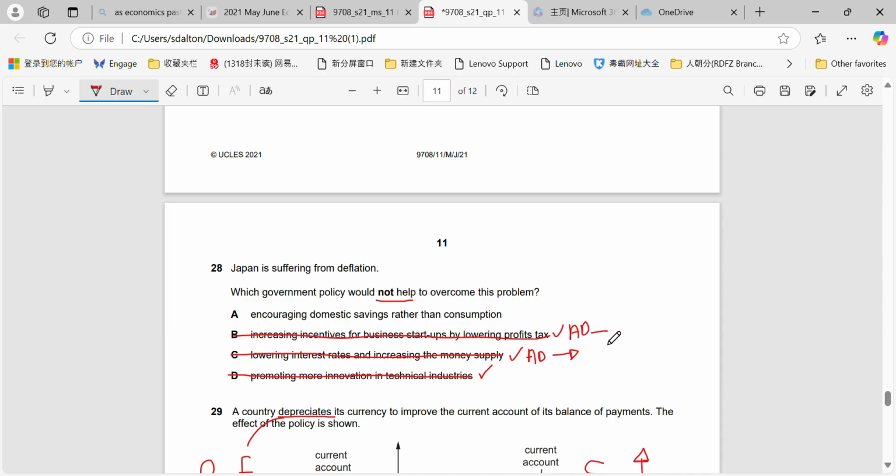AD would move right, and it would help us to reduce deflation. But if we encourage savings instead of consumption, that would not help us to increase our AD to the right, and therefore to fix the deflation. Remember that we want to encourage consumption because we want aggregate demand to move to the right in order to overcome the deflationary problems.